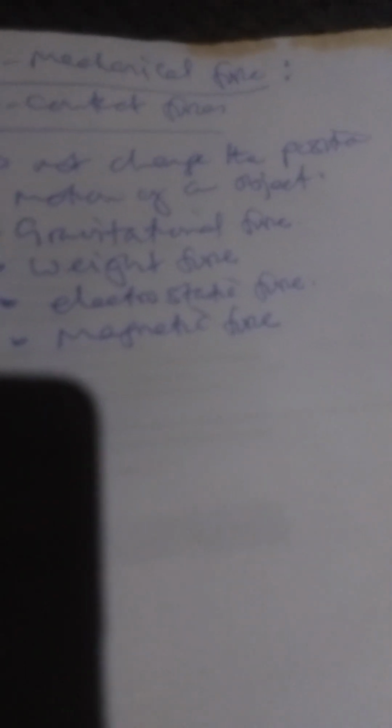So we have gone through a definition of a force. Though our syllabus did not say define a force, you should be able to define it. The syllabus says you should be able to write down, list or describe the effects of a force in terms of its position, shape, size, velocity, and direction. The syllabus says also you should be able to state the types of forces under mechanical and non-mechanical forces.